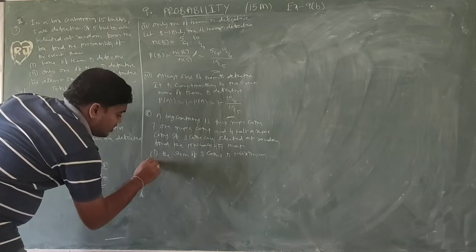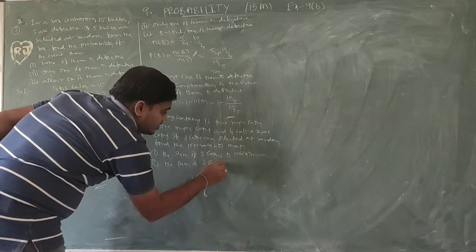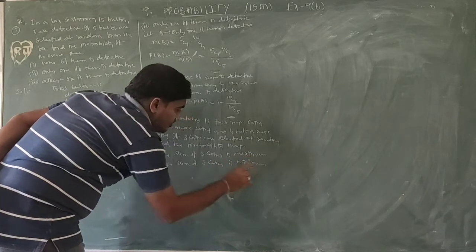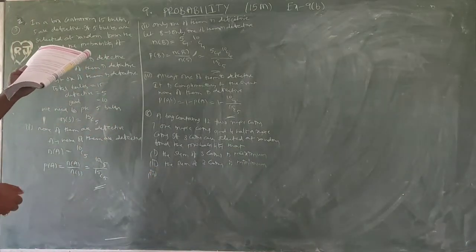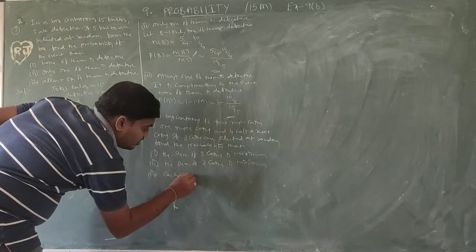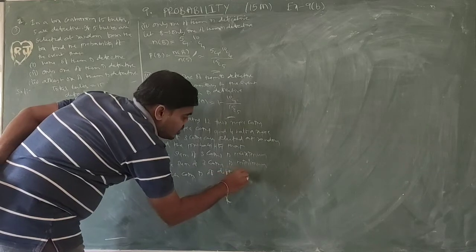Second, the sum of 3 coins is minimum. Third, each coin is of different value.